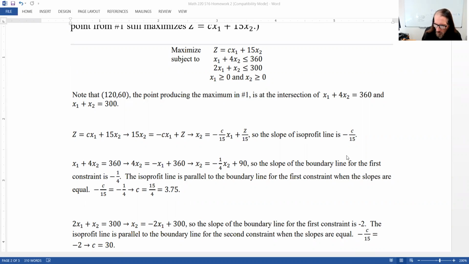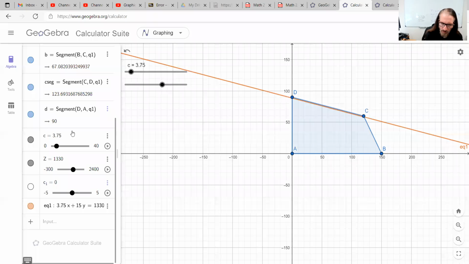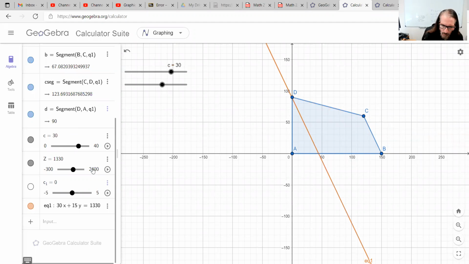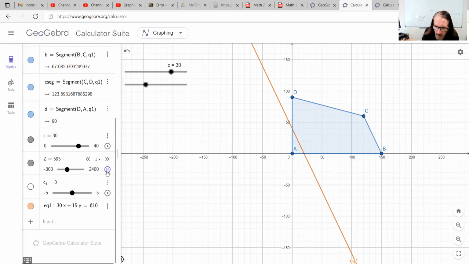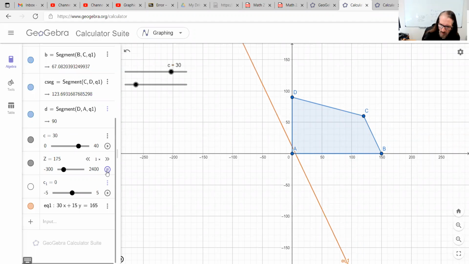Solving where that equals the slope of the isoprofit line, negative c over 15 equals negative 2, tells us that c equals 30. Let's see what that does. c equals 30. We can see that that's parallel to the segment connecting C and D.